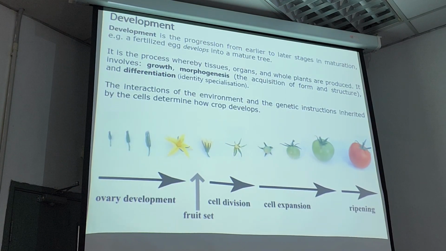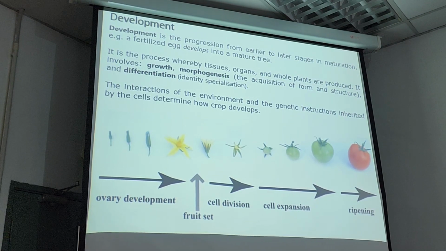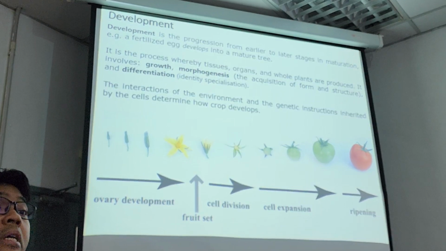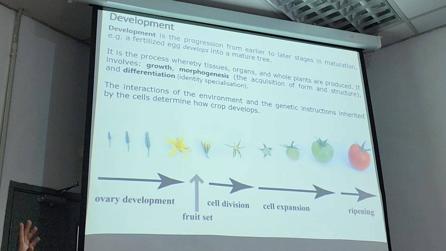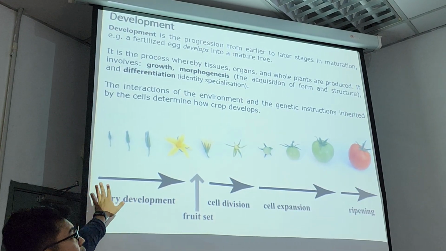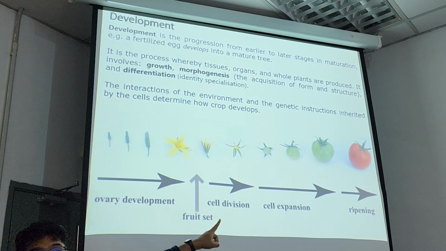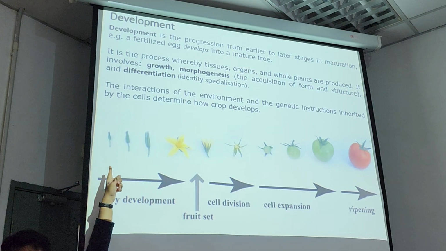Okay, what about development? I would like to call development as the change in shape, like you evolved something. Okay, the good example here, you see here in the development of tomato fruit. We still use tomato. So tomato fruit, it starts with ovary.